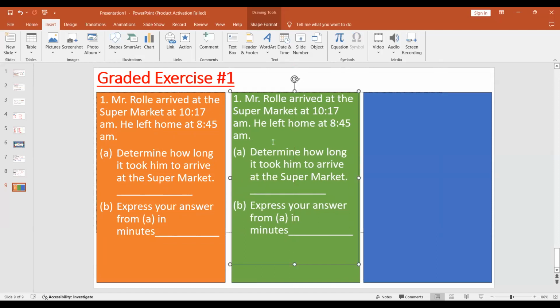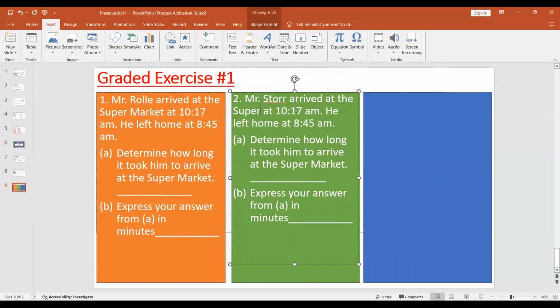Okay, then we go to number 2. And call this guy Mr. Star. Mr. Star arrived at the bowling alley.